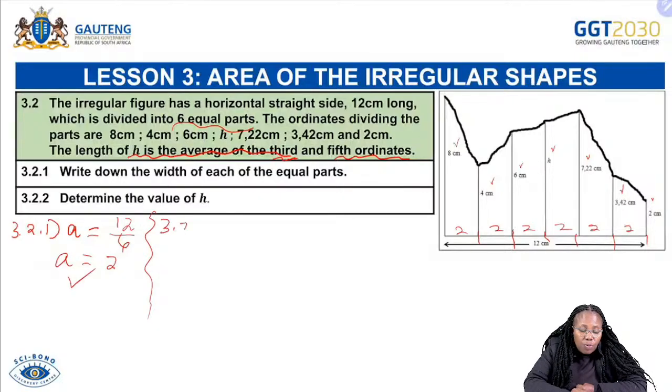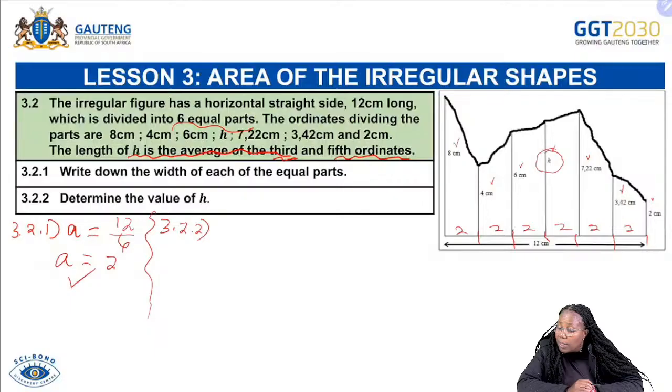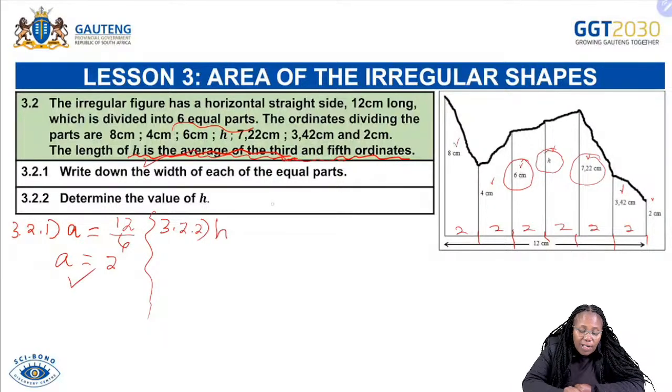And then 3.2.2, determine the value of H now. H is that particular value there. It is indicated that H is the average of the third and the fifth ordinates. So now if H is the average of that, that means we are taking the third ordinate 6, we add it to 7,22, and divide by 2 there.